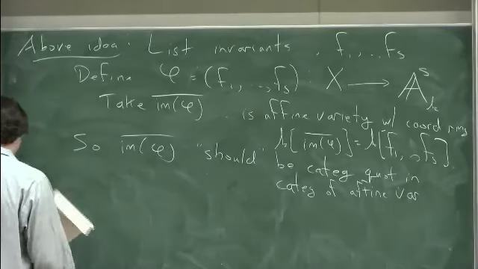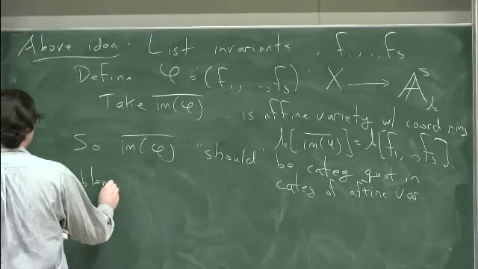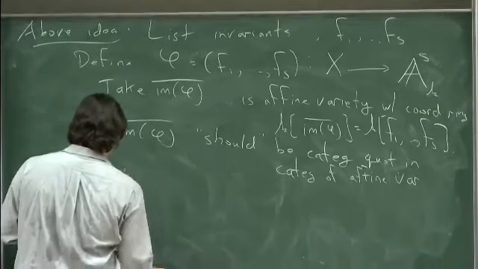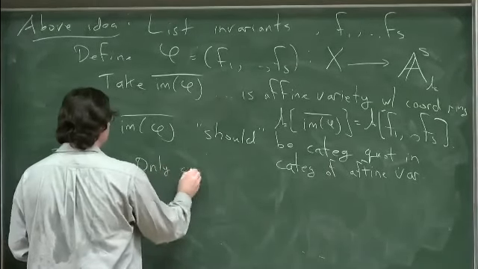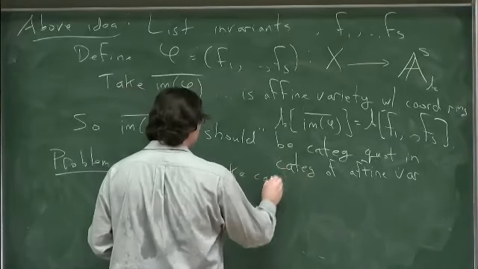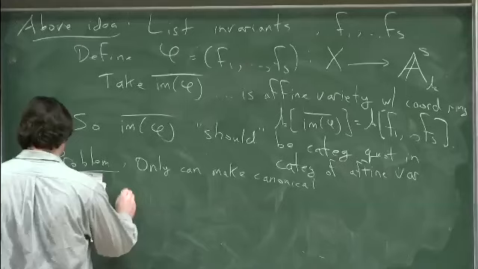Well, what's the issue? You can only do something along those lines that's canonical if you want to stay with affine varieties, canonical if the invariants are finitely generated, right?